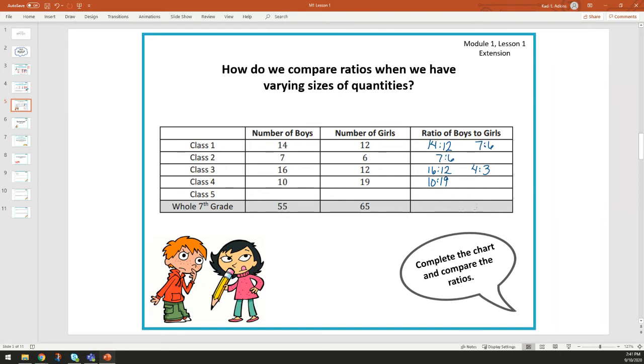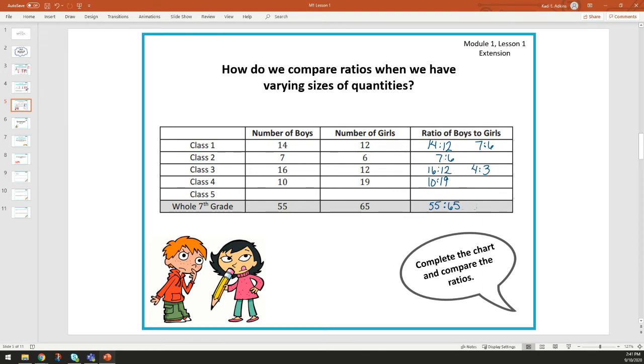Now, if we look at our whole 7th grade of 55 to 65, there are things that I can reduce them by. I'm going to give you about 10 seconds to think of those answers. All right, so when you reduce 55 and 65, they both can be reduced by 5s.